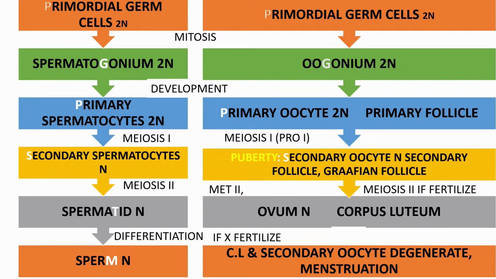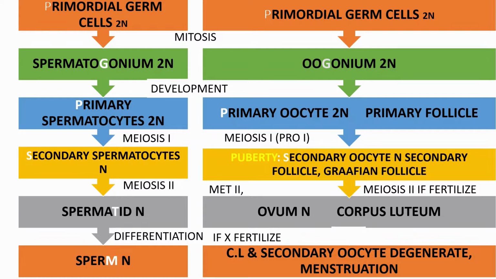After meiosis, it will produce two secondary spermatocytes, which are haploid, and each of these secondary spermatocytes will undergo meiosis 2, and each will produce two daughter cells, which are also haploid.